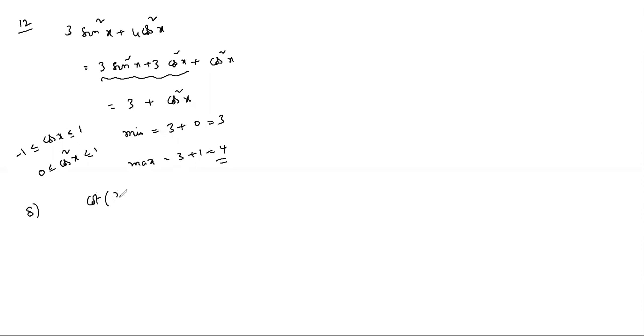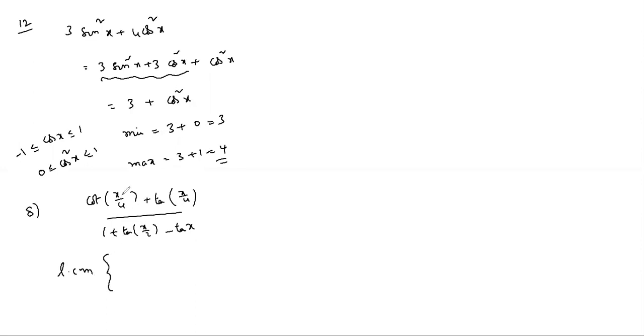The function is cot x by 4 plus tan x by 4 by 1 plus tan x by 2 minus tan x. For 2 or more functions, again you have to take the LCM of each periodicity.